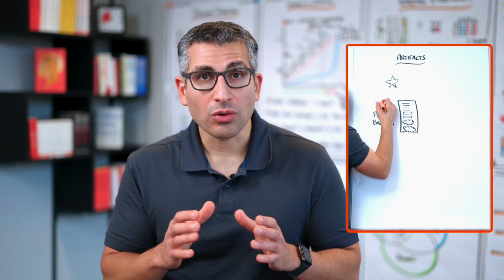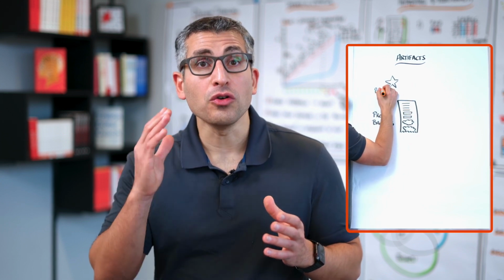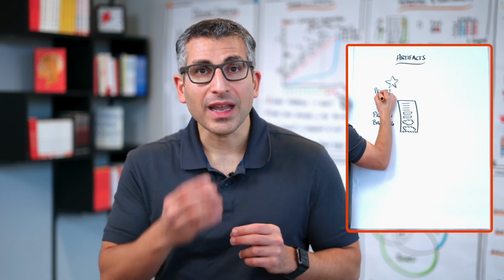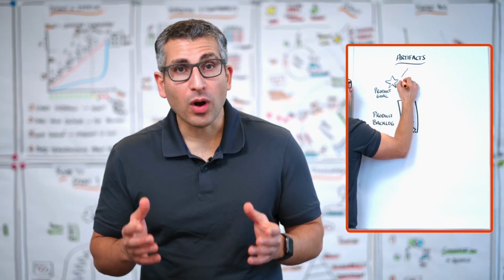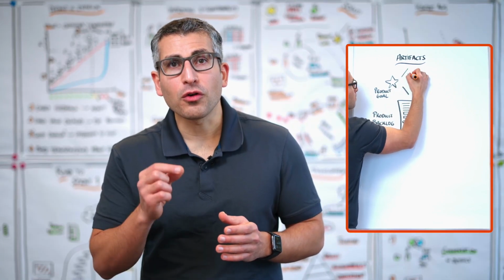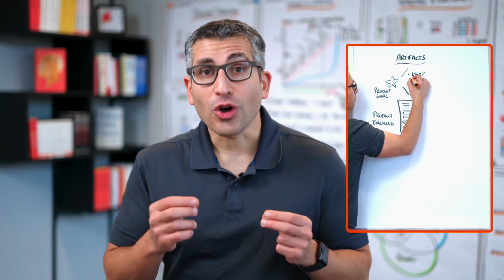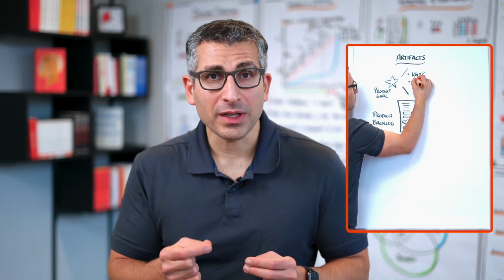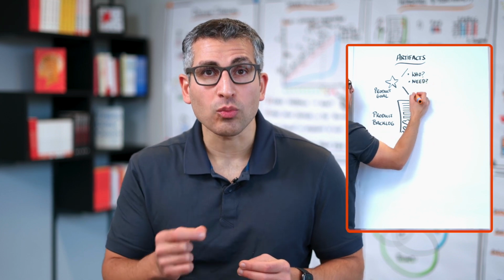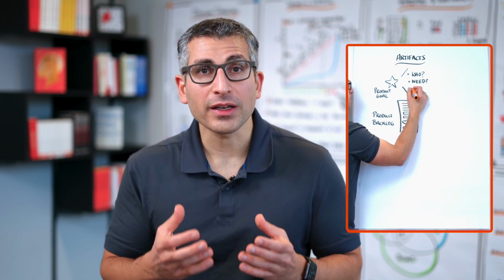Every product goal, I always refer to them as our North Star, should contain 4 elements. Number 1, it should clarify for whom are we building this product. Number 2, it should also mention why are we building this product? What kind of problem, what kind of need are we trying to solve?